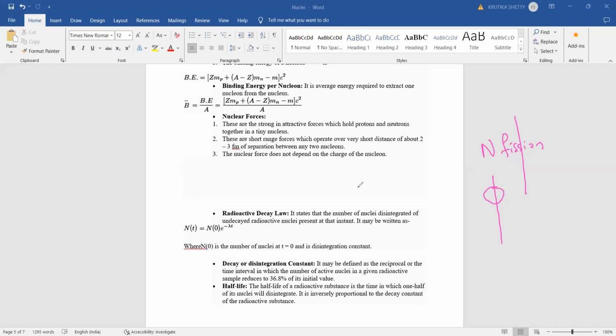Splitting up of the nucleus into its light nuclei is called a nuclear fission.